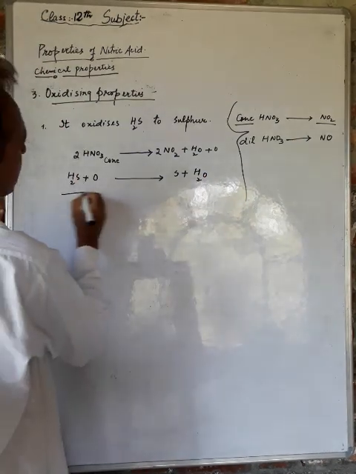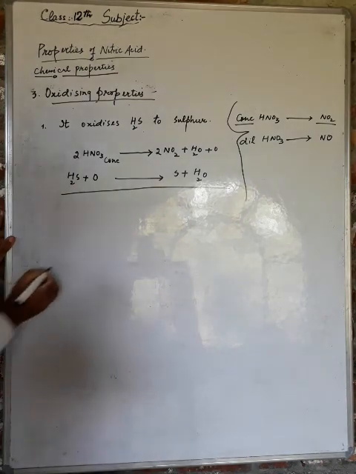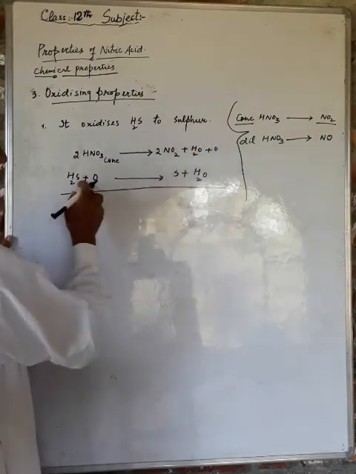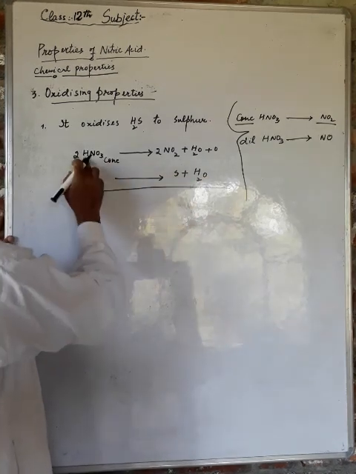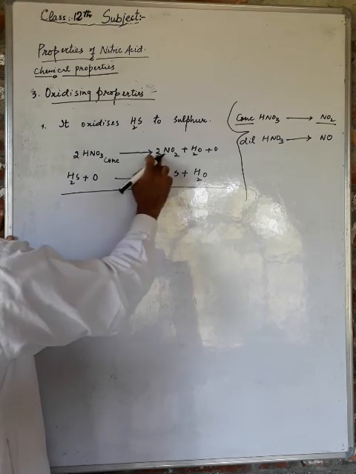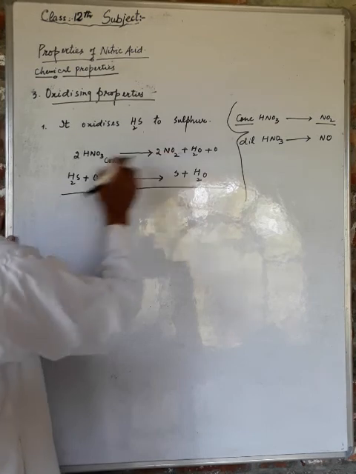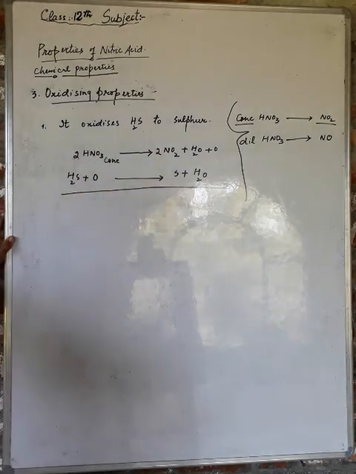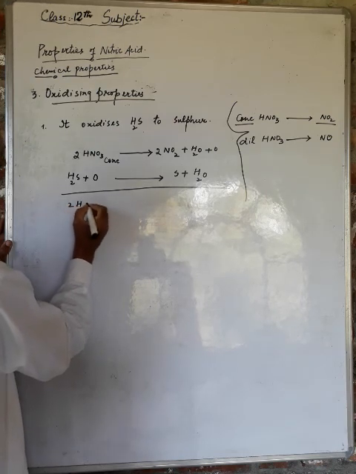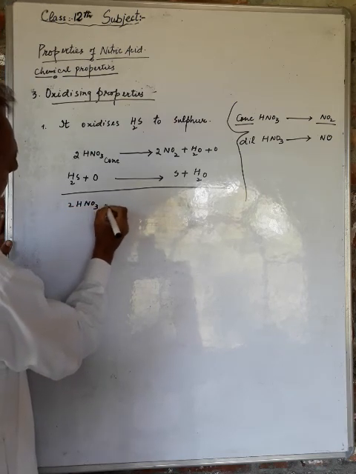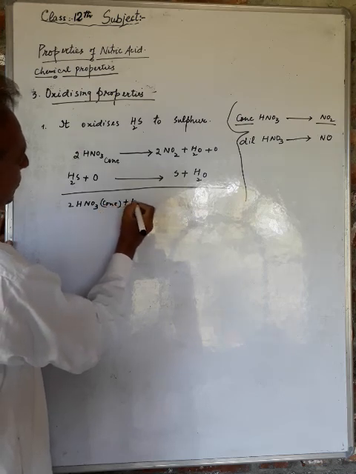If we combine the two reactions, the overall reaction will be balanced. Sulfur 1, hydrogen 2 and oxygen 1; here hydrogen 2, nitrogen 2, nitrogen 2, hydrogen 2, oxygen 2, 2 twos are 4, 5 and 6, 2 threes are 6. So the overall reaction is twice HNO3, concentrated, plus H2S.